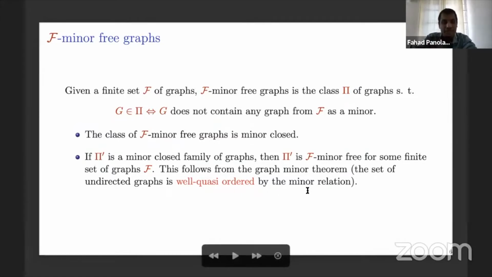If you haven't seen this result, fair enough. You only need to know that the converse is also true: if a graph class is minor closed, then it is F minor free for some finite set F.